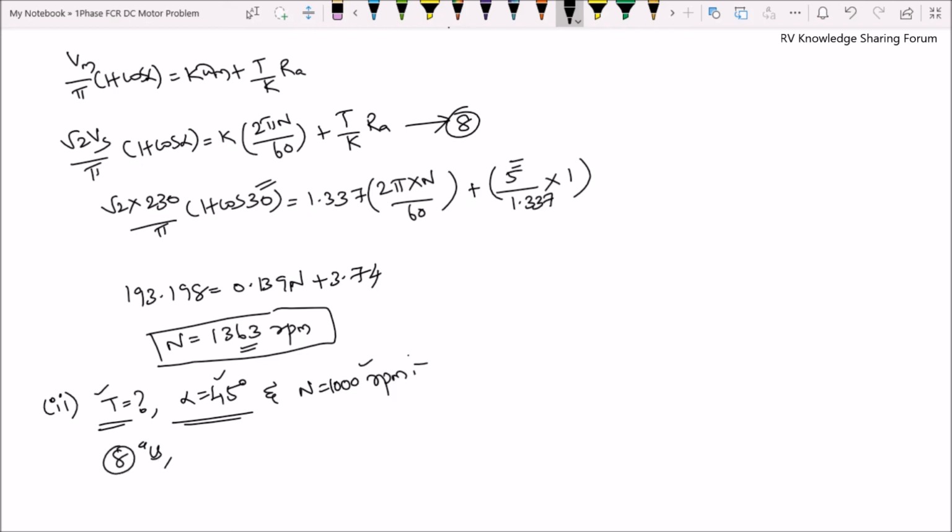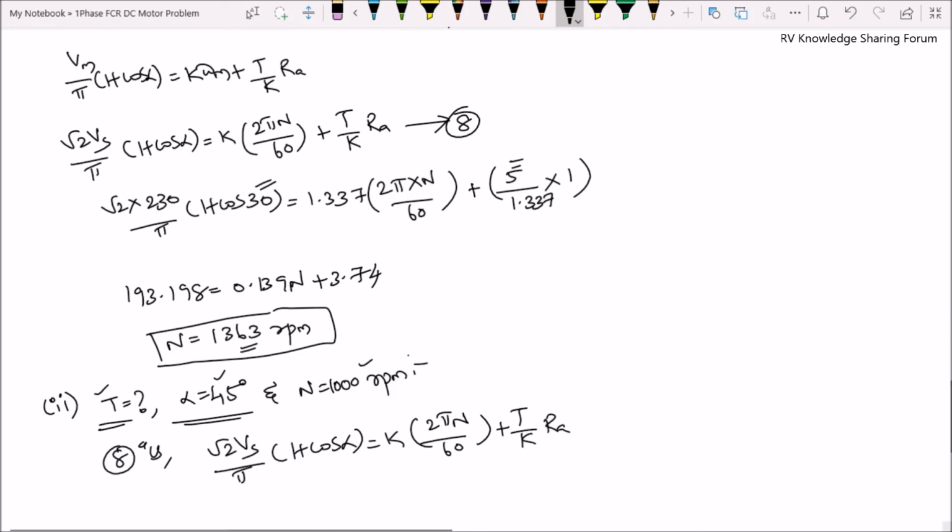Equation 8 is root 2 Vs by pi into 1 plus cos alpha, which is equal to K into 2 pi n by 60 plus T by K into Ra.